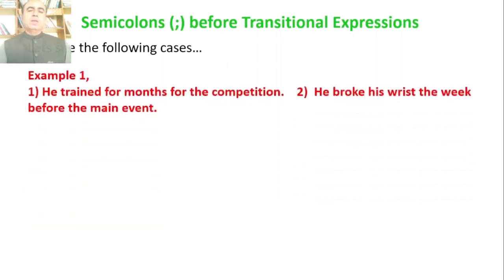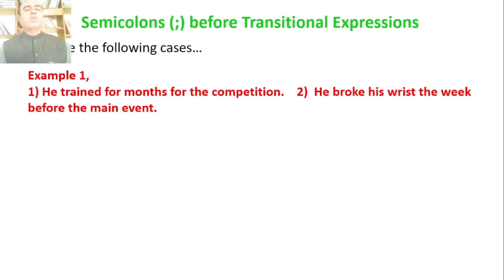Here is an example. From the example, the case would become more clear. He trained for months for the competition. He broke his wrist the week before the main event. You see, here again there is a connection. What is the logical outcome?